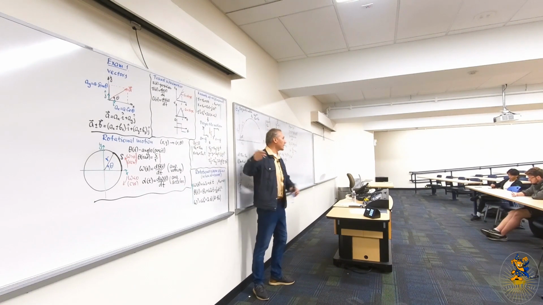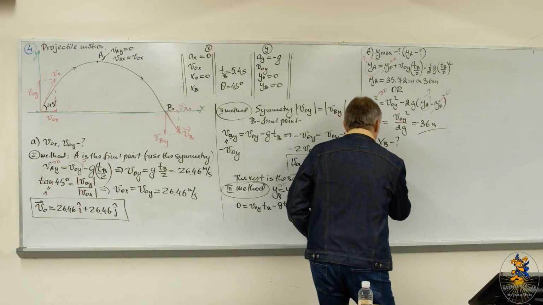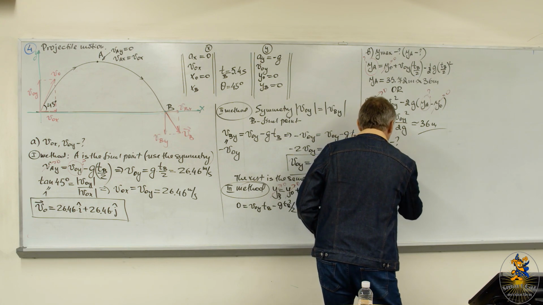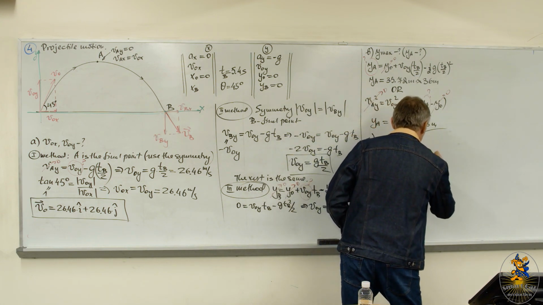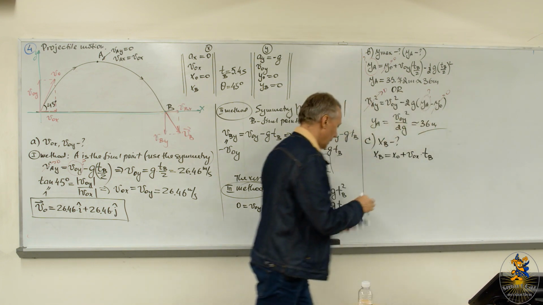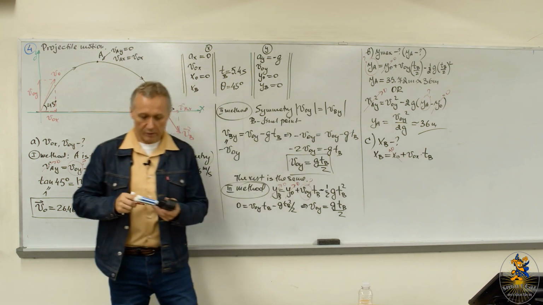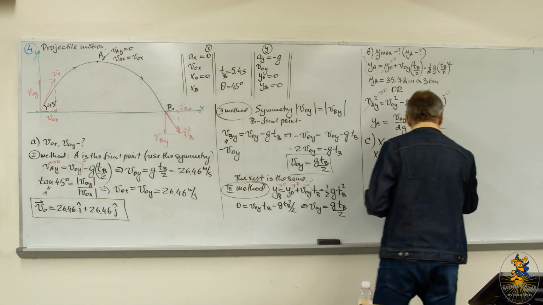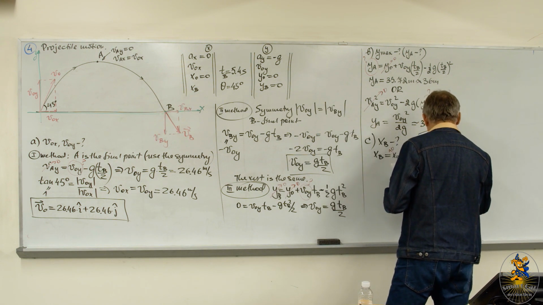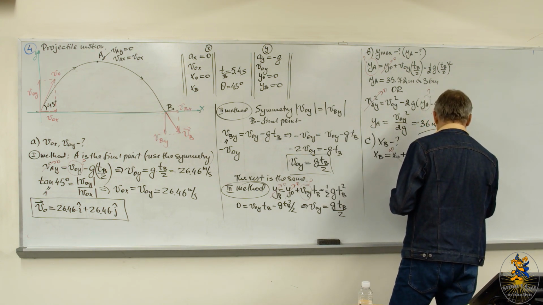The travel time is now 5.4. So x_b equals x_0 plus v_0x times t_b, and x_0 is 0. If you plug in numbers, you will get 142.9 meters, so approximately 143 meters.